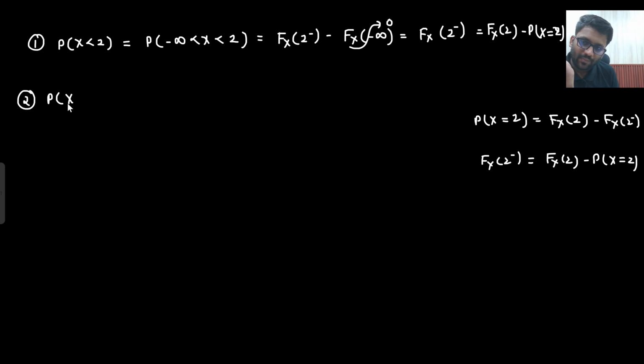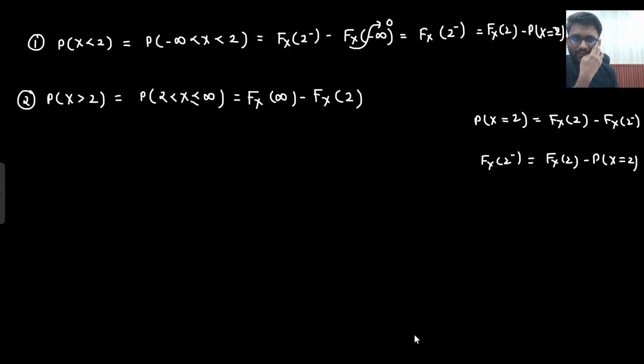Second one, probability x greater than 2. That means x is greater than 2 and less than infinity. You can put the equal sign here, doesn't matter. So Fx of infinity minus Fx of 2. Here you don't need the equal sign, which we are not getting.